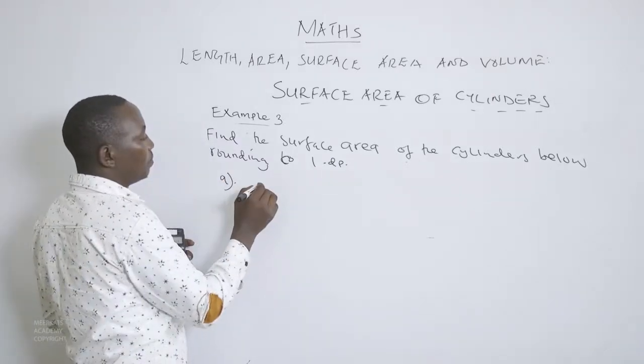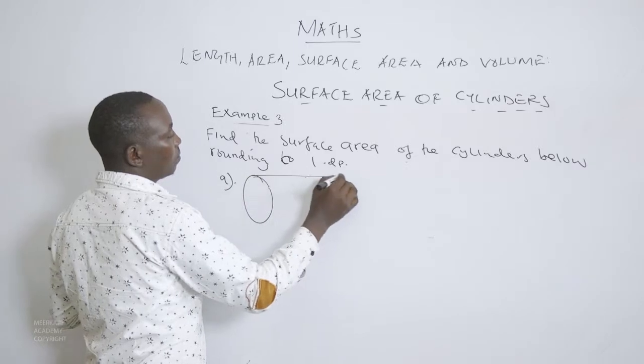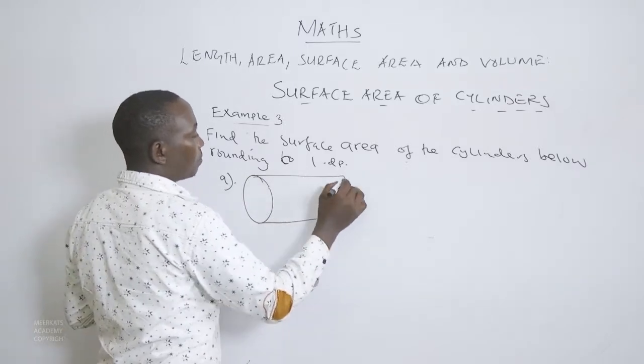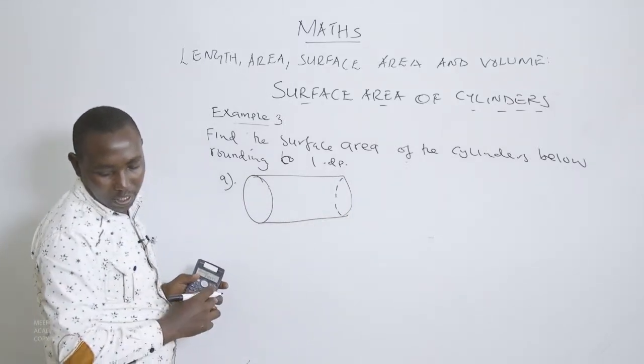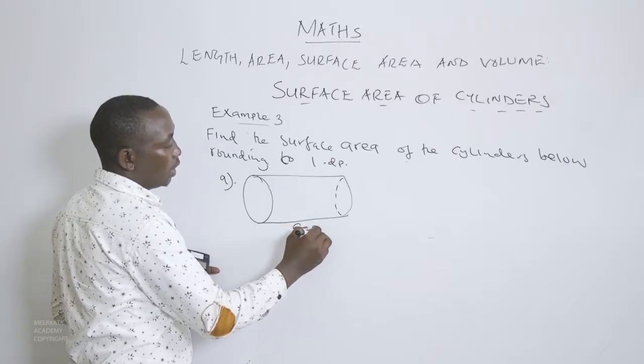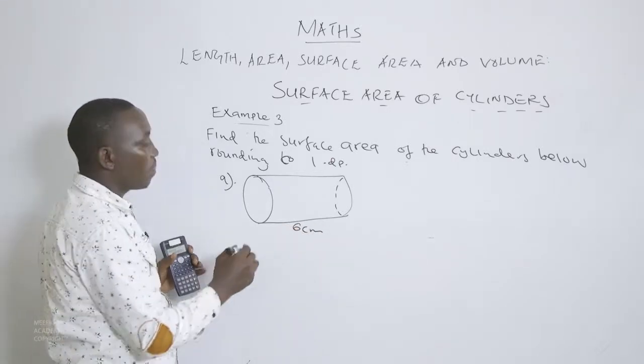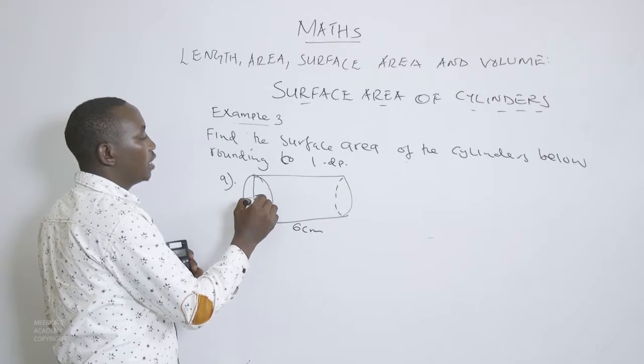Part 1. We have such a cylinder which is 6 centimeters in length and 2 centimeters in diameter.